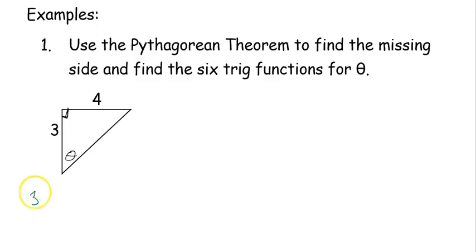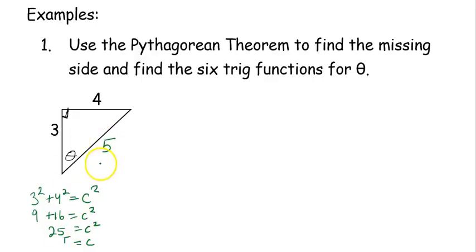So 3 squared plus 4 squared will equal my C squared. That's 9 and 16, so that'll be 25, and the square root of that will be 5. Some of you may know that as a 3, 4, 5 triangle and may not have had to do the Pythagorean theorem. You may just have that memorized, and that's okay too.